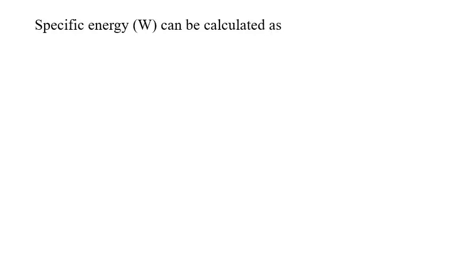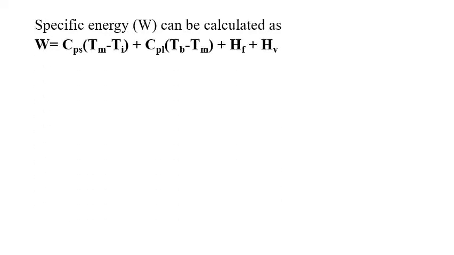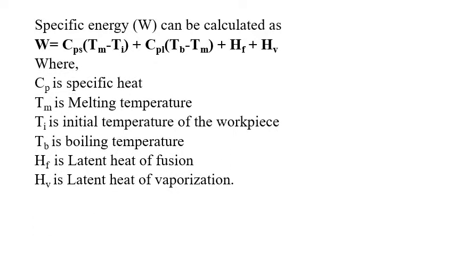See, W is the specific energy which is required to vaporize the work material, and this specific energy is calculated as, look at the equation, W equals CPS into (Tm minus Ti) plus CPL into (Tb minus Tm) plus Hf plus Hv. This is the equation for specific energy W.